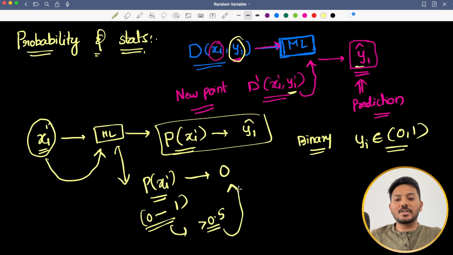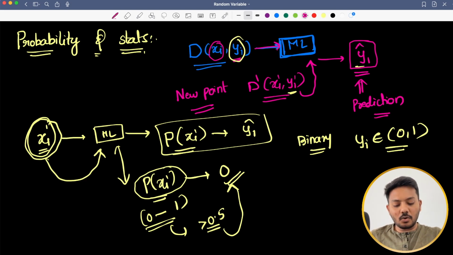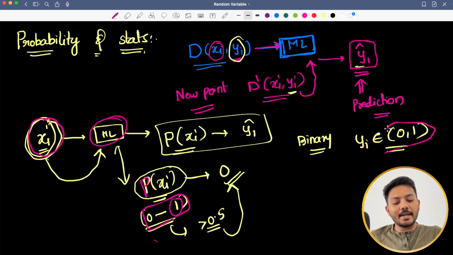So what the machine is trying to say is, what is the probability that my new point belongs to class 0, and the probability value always lies between 0 and 1, and the closer the value is to 1, the more confident the model is. So every time we train a machine learning model, what the machine will always predict is the probability of this particular new point belonging to any of the classes.